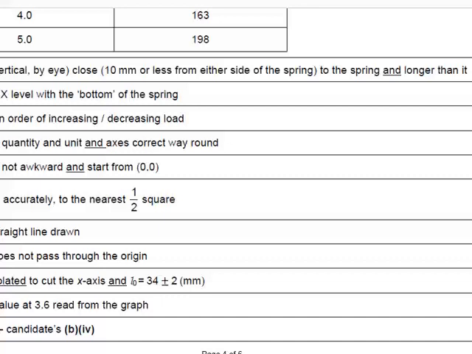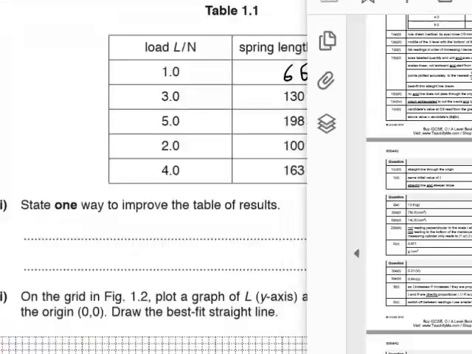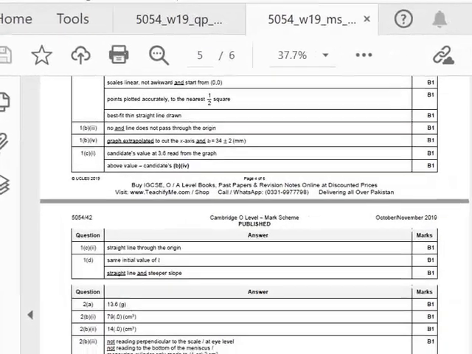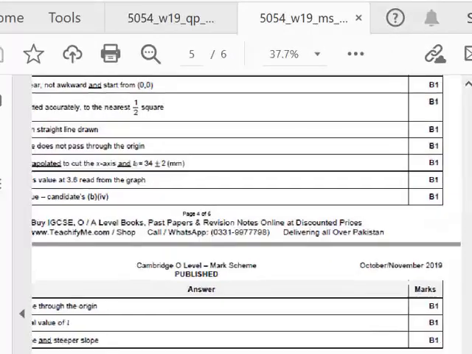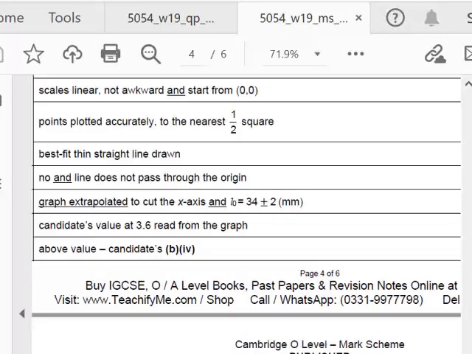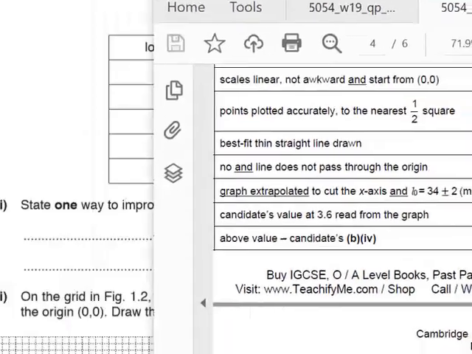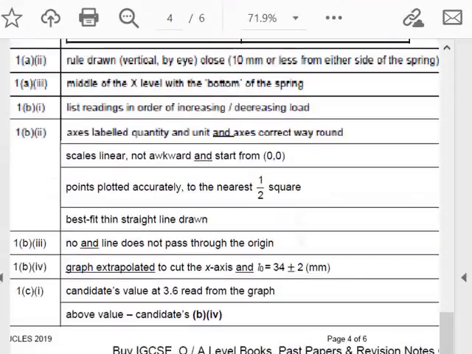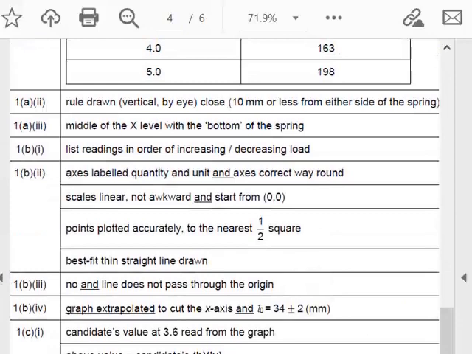Let me check. Okay, that will be question number B, part 1. Oh yeah, list readings in order of increasing or decreasing load. Okay, now I get what they meant.